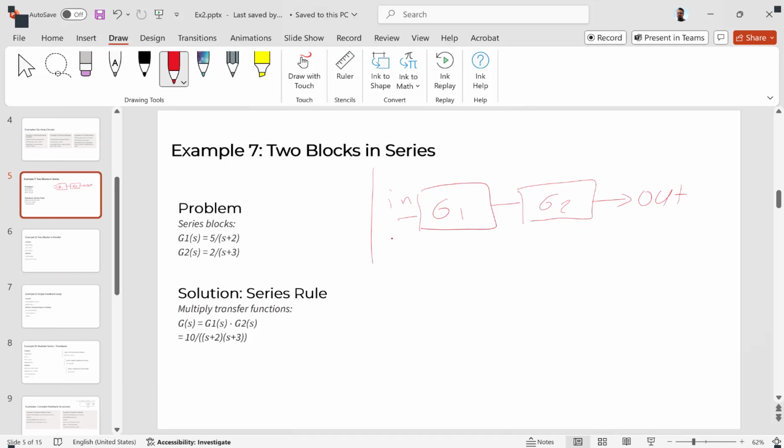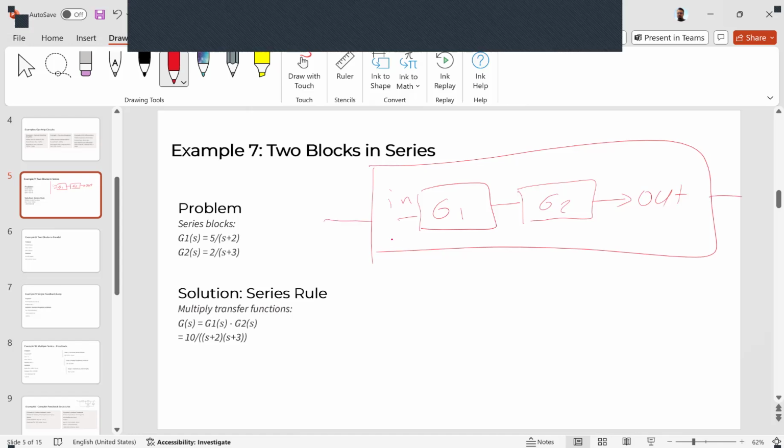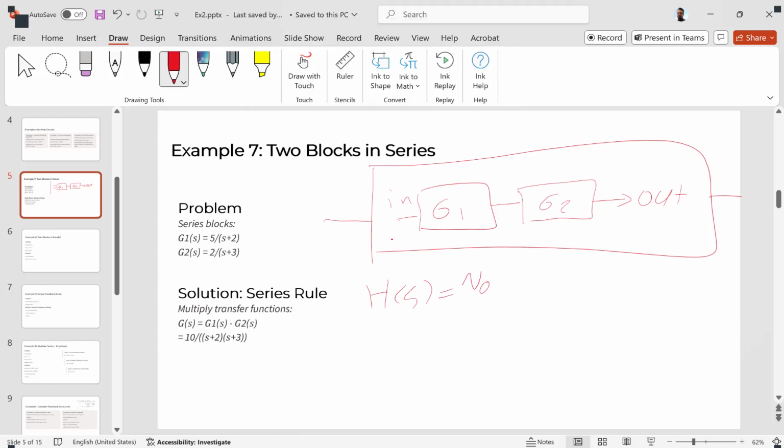Generally, we want to deal with that as one block. If we want to deal with that as one block, that means we want to have the ultimate H of s, which is the output over input.